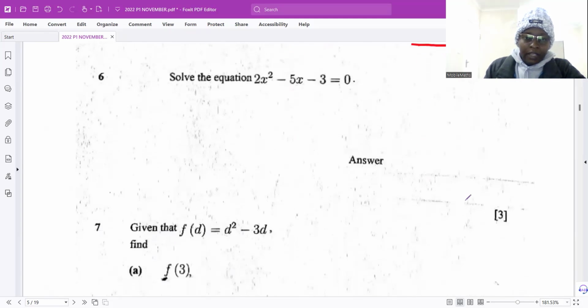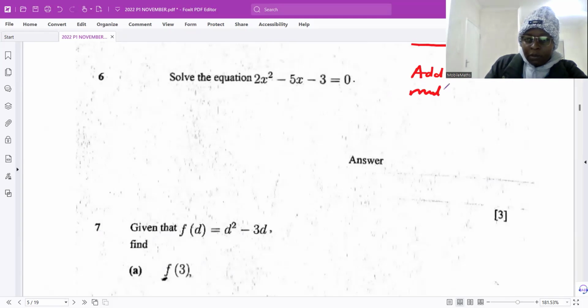Number 6, solve the equation 2x squared minus 5x. So what I normally do is I find a number that when I add, I will get minus 5x. When I multiply, I get minus 6x squared.